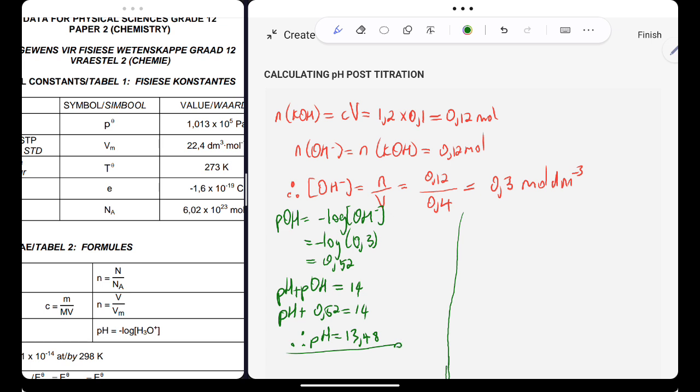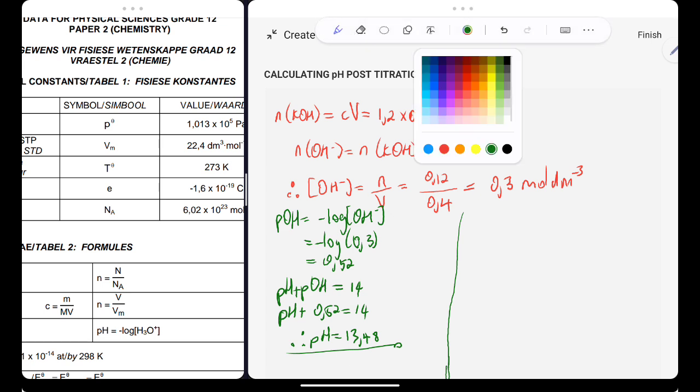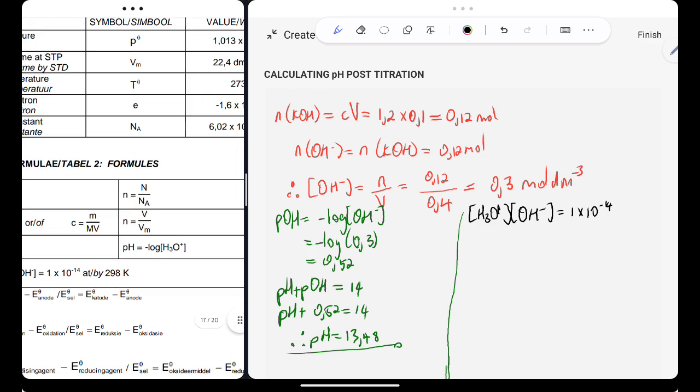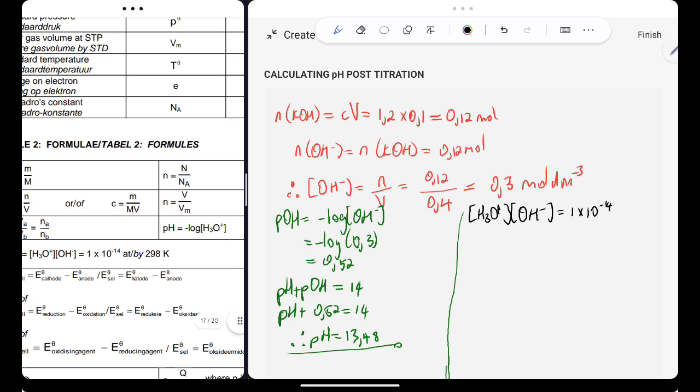But if I wanted to do it by using the ionization constant of water, I could have said the concentration of H3O+ multiplied by the concentration of OH- will always give me 1 times 10 to the power negative 14. It's a constant, guys. It's always there, né?